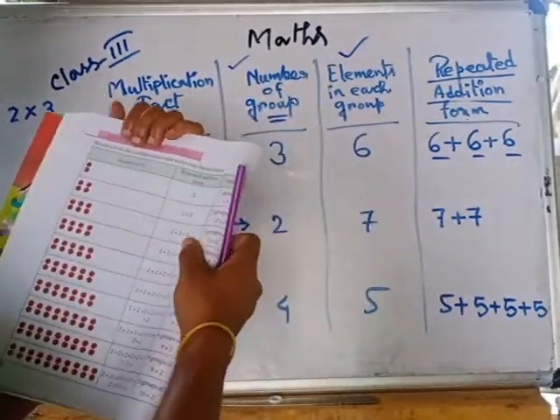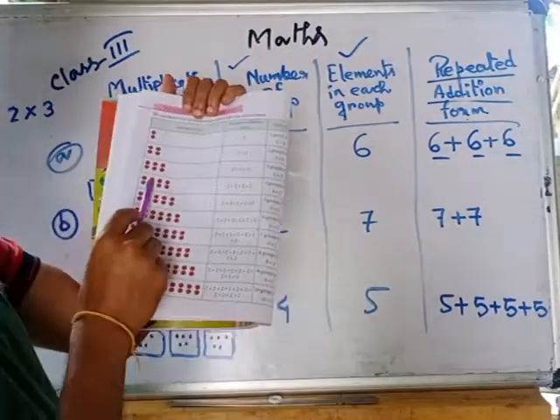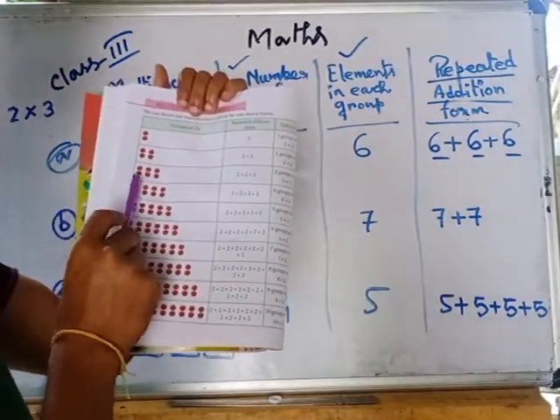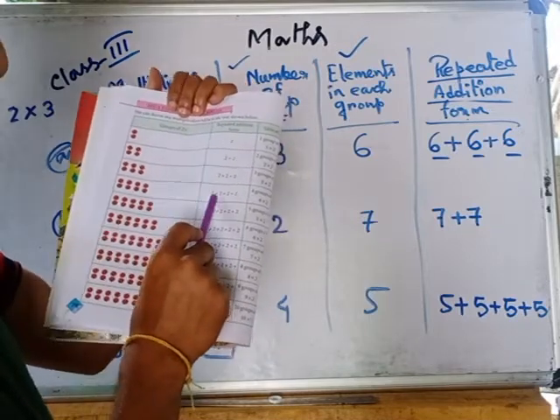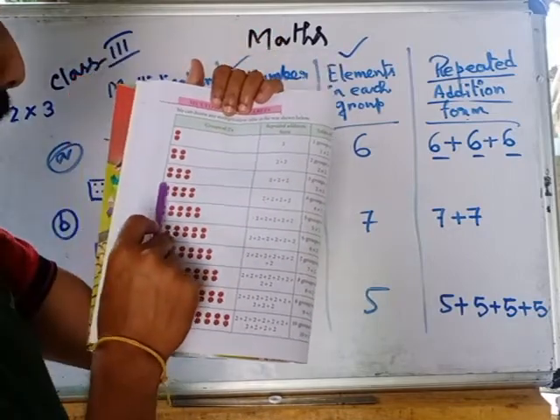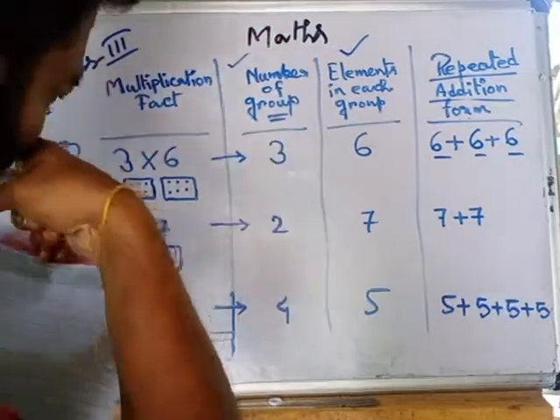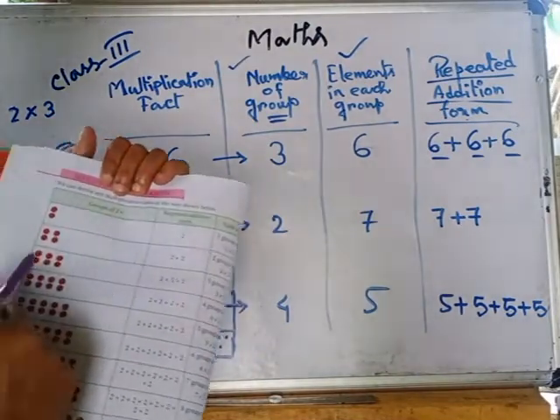This one is called the group repeated addition form and the table of 2. Repeated addition of 2: 1 time, 2 times, 3 times, 4 times. That means we should repeat 2 because each and every group has its own two elements.